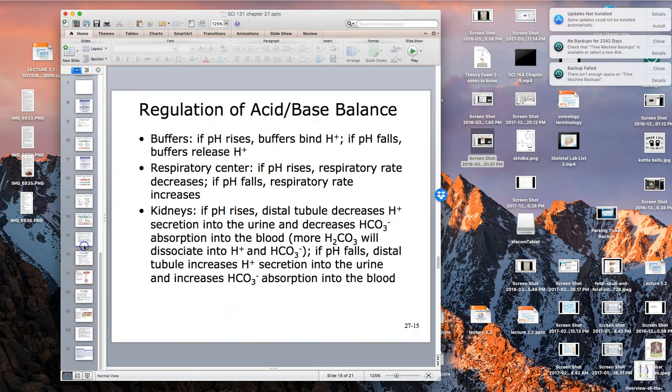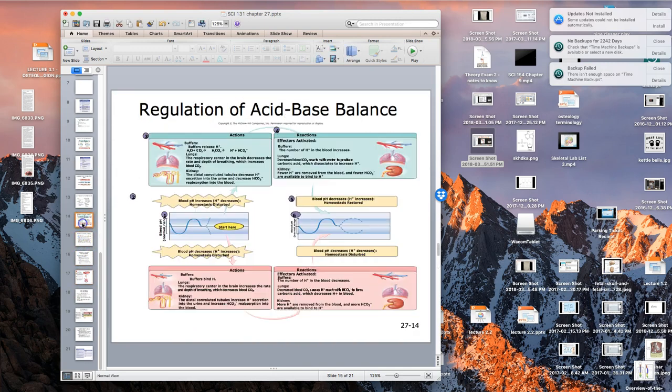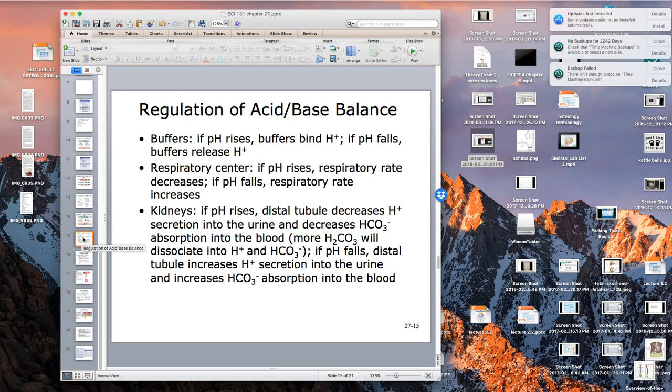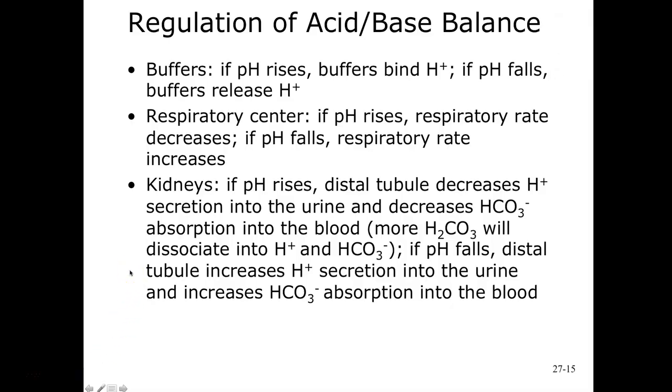These next several slides I'm going to summarize first, on this slide, which I think for you guys is slide 14. The ways that we can regulate acids and bases within our body is to use 3 different systems, and these are listed by how quickly we can use them to balance our acids and bases.